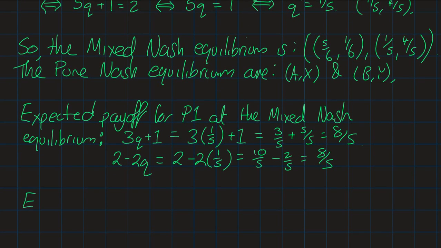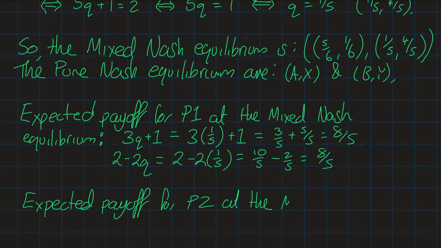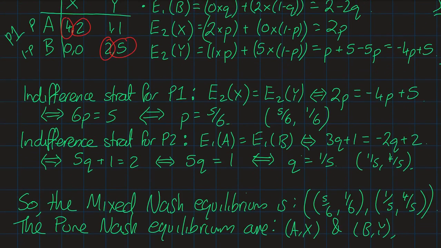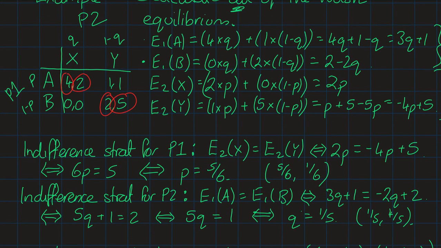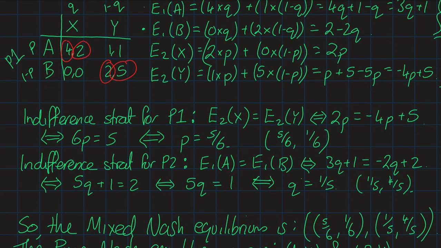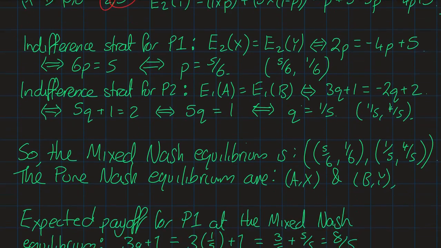Let's work out the expected payoff for player 2 at the mixed Nash equilibrium. So now I look at the expected payoff functions for player 2, E2 of X and E2 of Y. Let's use E2 of X. That's really simple, it's just 2p.